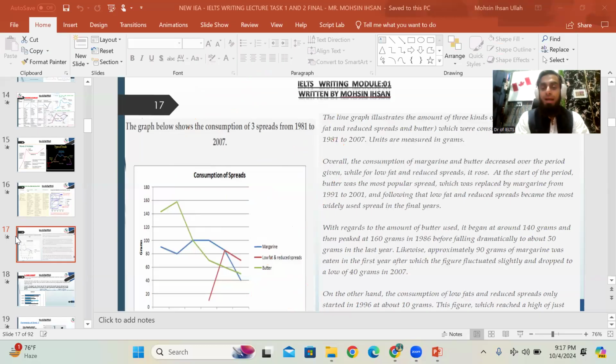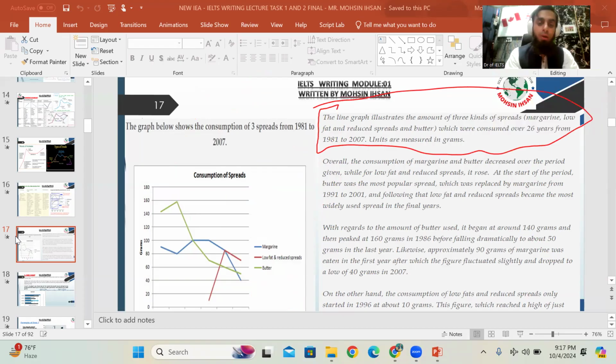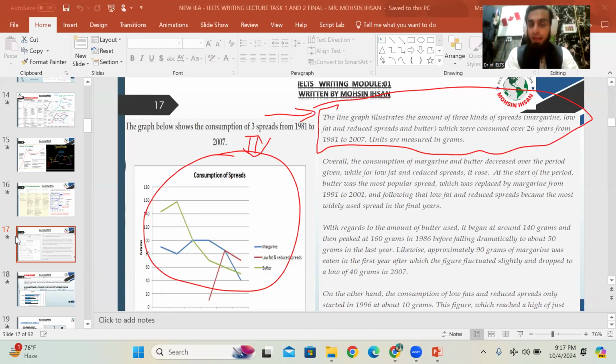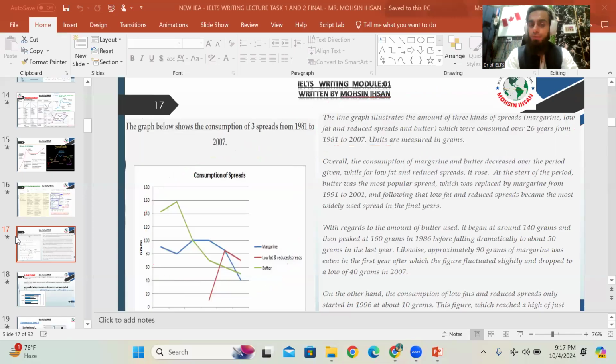Now, coming to the introduction, how to write it. We have to compare the given diagram with the question. Both together make an introduction, right? It's very easy, very easy. Now, if we discuss the diagrams, you will understand it. How can we make an introduction paragraph for any diagram that will be given to us, right?